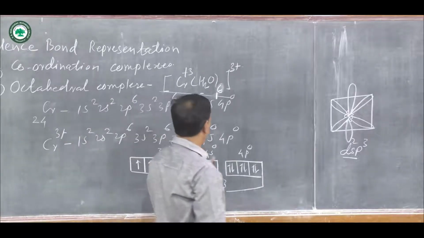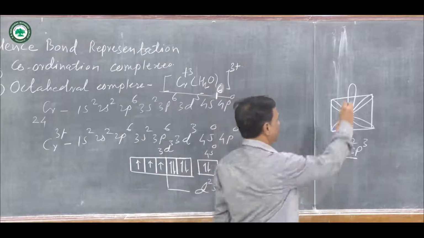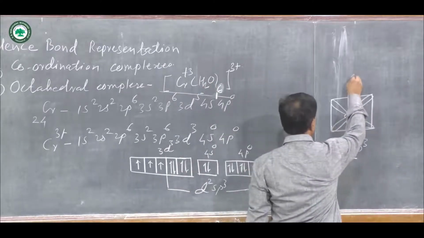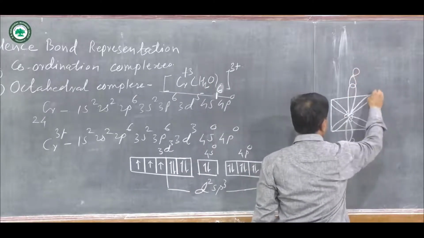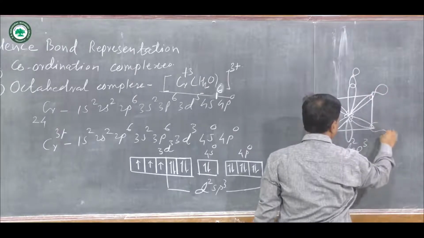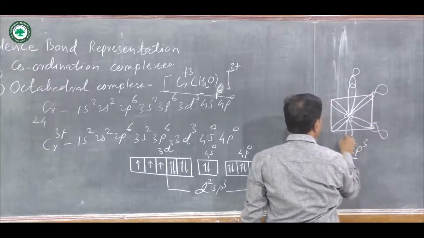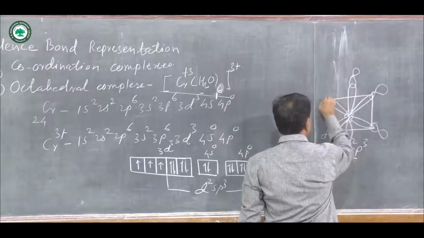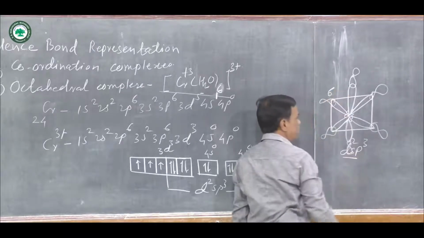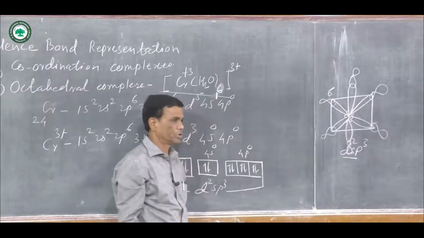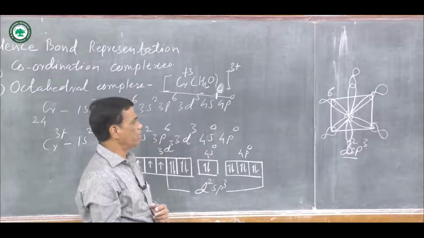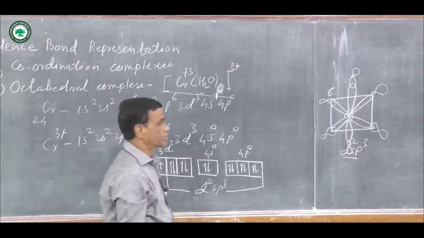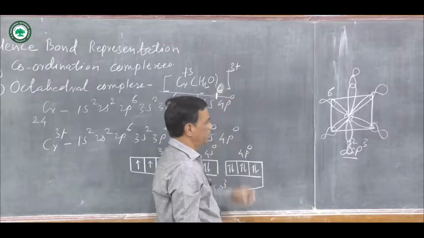There is overlapping with the water molecule's p orbital, and 6 sigma bonds are formed. When 6 sigma bonds are formed, the structure of this complex ion is as follows.